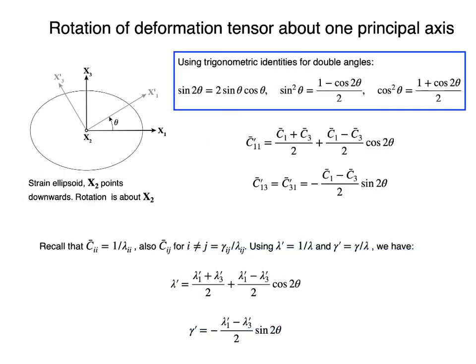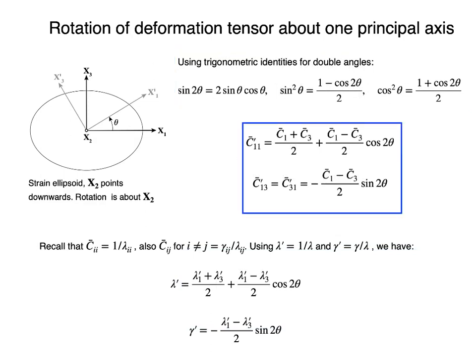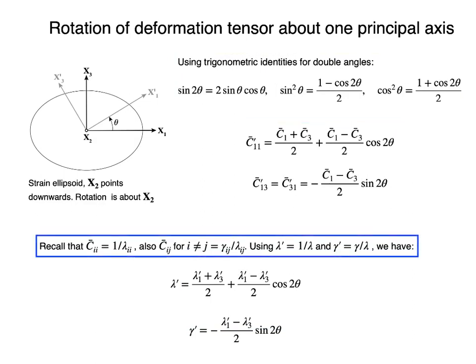Using trigonometric identities for double angles, we can simplify these equations like this. Now, recall that the diagonal components of the Cauchy deformation tensor are the inverse of the quadratic elongations, 1 over lambda, and the non-diagonal terms are the shear strain over the quadratic elongation, gamma over lambda.